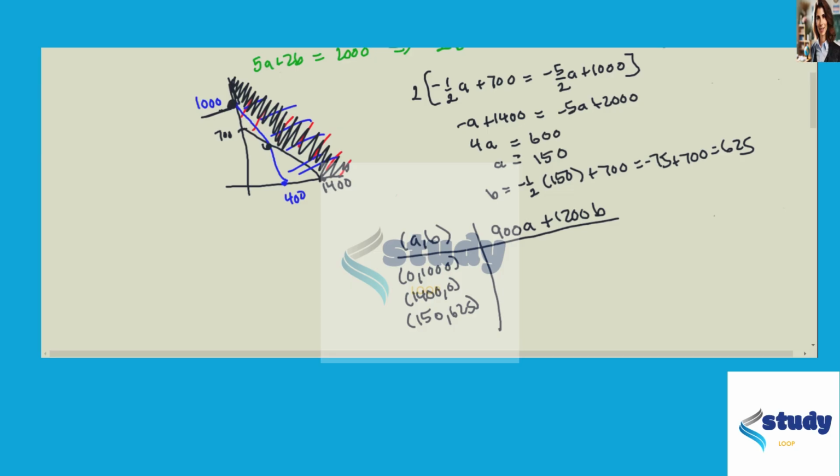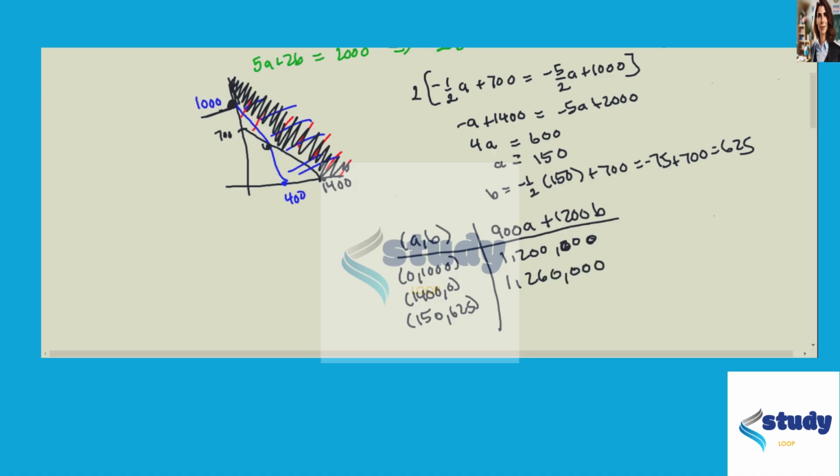The first one gives me 1,200 times 1,000. Oh, I could have done that without a calculator. 1,200,000. Next one is 1,400 times 900, which is 1,260,000.